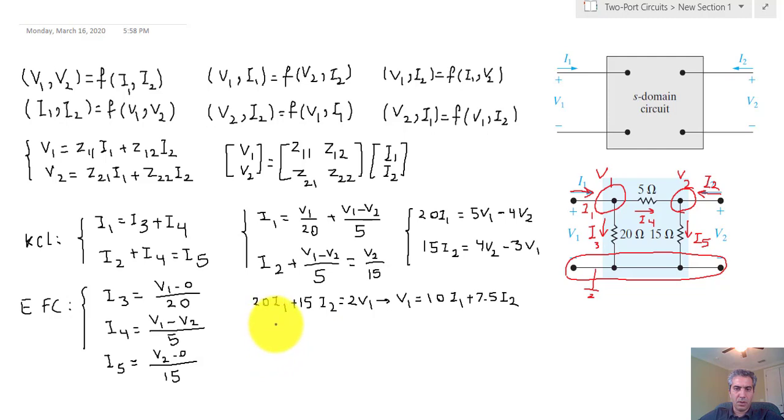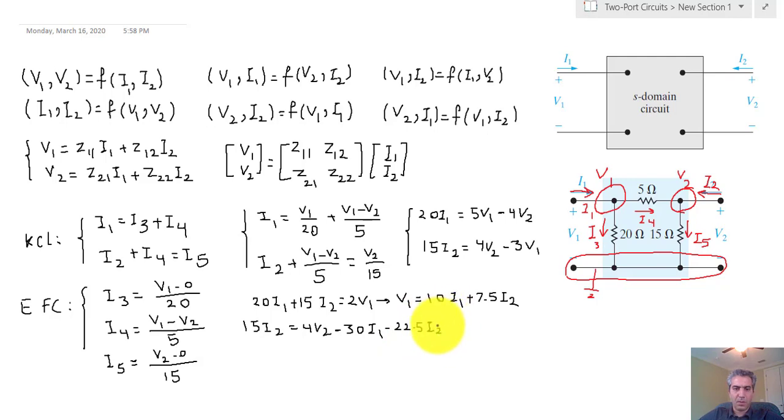So now I'm using this equation. That would be 15 I2 is equal to 4 V2 minus 3 times this, 30 I1 minus 22.5 I2.